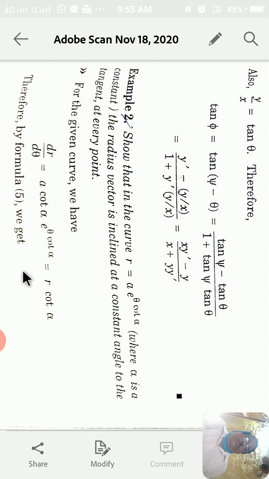From the original equation, a into e raised to theta cot alpha is equal to r, so it is replaced by r into cot alpha. Thus we get dr by d theta is equal to r into cot alpha.